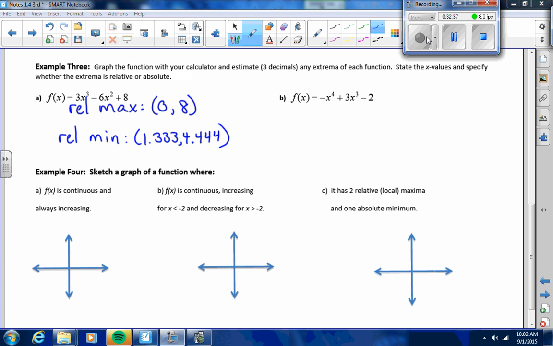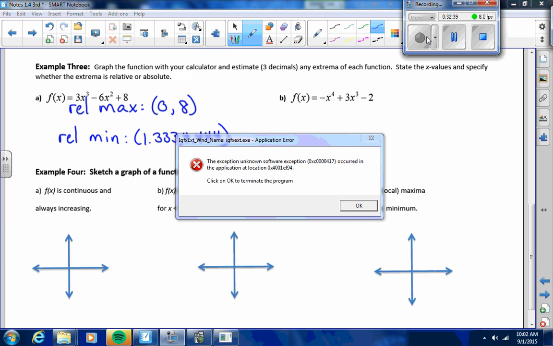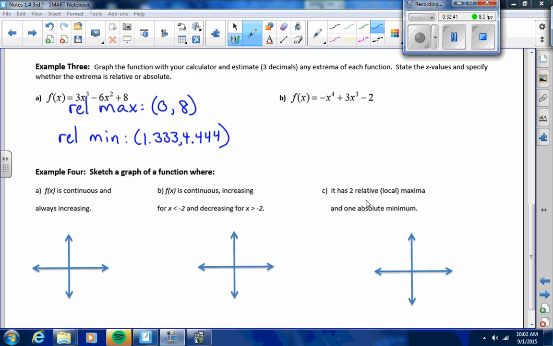So for that equation, negative x to the 4th plus 3x cubed minus 2, do we have any extrema? Yes? What kind do we have? You have an absolute maximum where no other point ever goes any higher? Perfect.